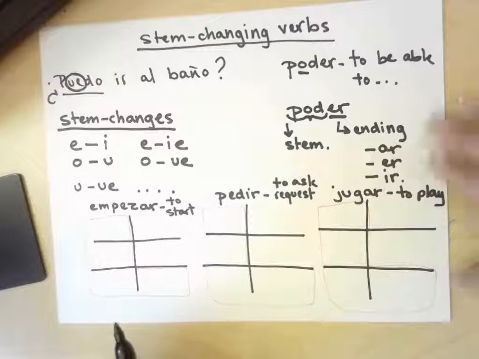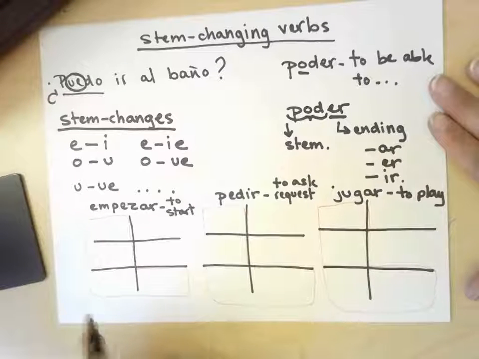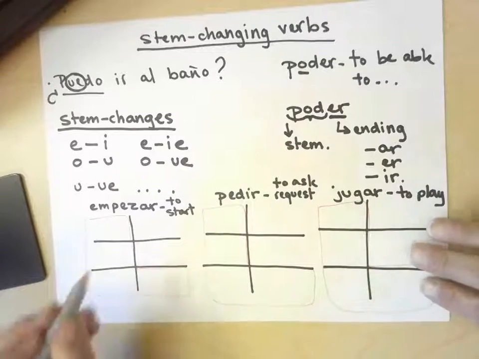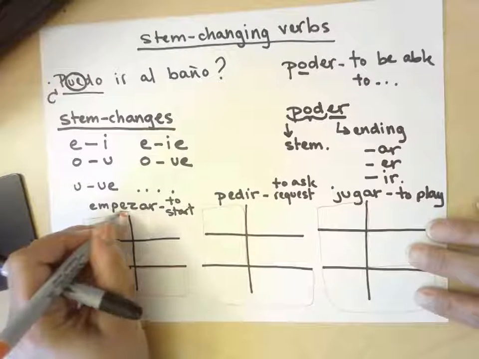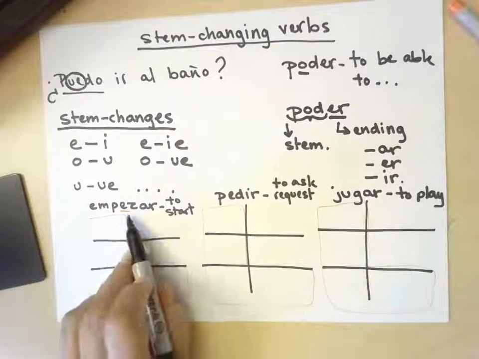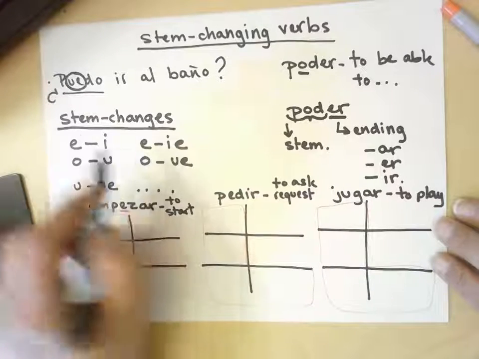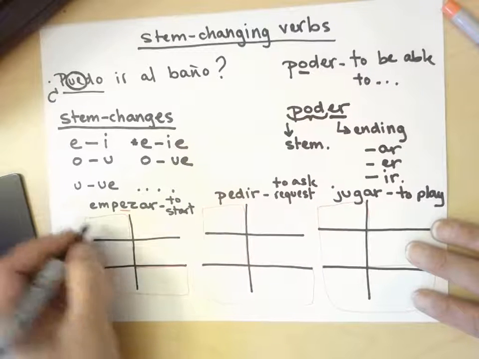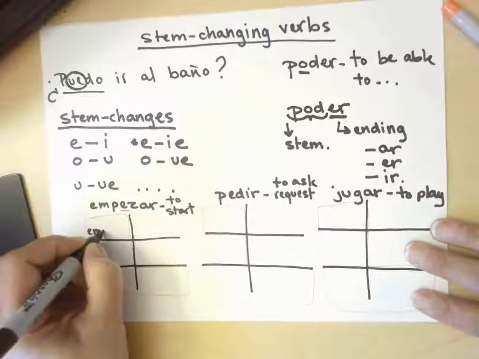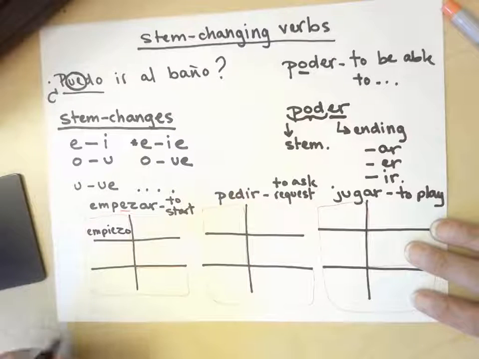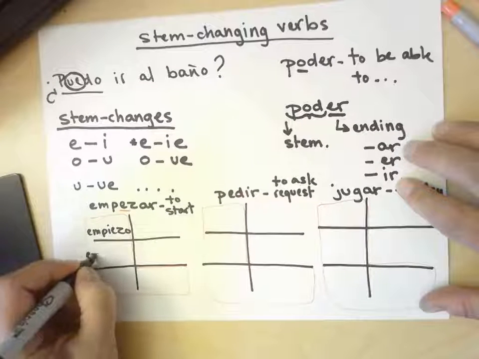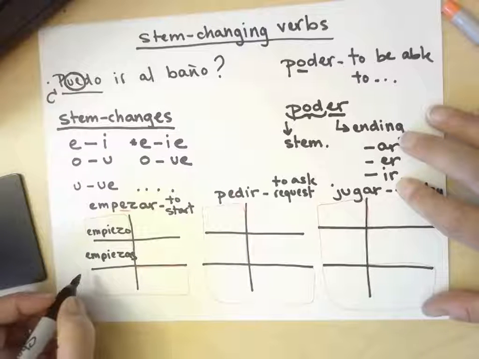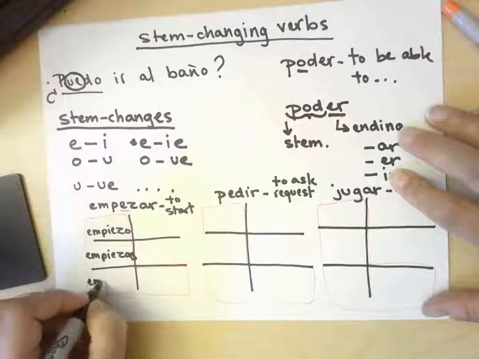At this point, we should all know our present tense conjugations. So, if I'm going to start with, let's say, el verbo empezar, I have an E here, and empezar has an E to IE stem change. So let's take a look at that one. Yo empiezo, tú empiezas, él, ella, usted empieza.